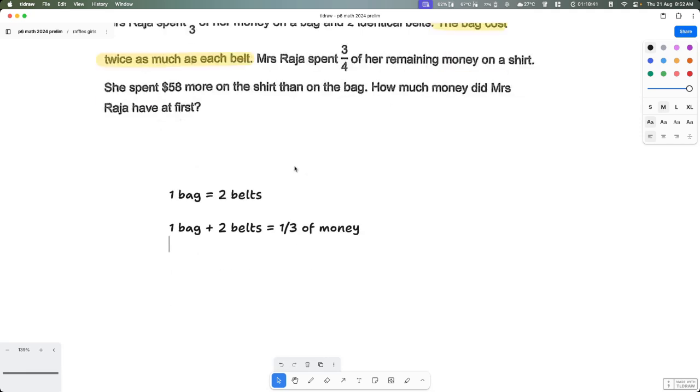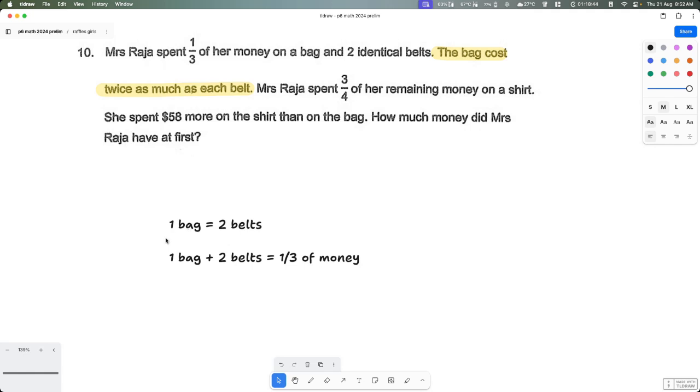So if we convert the one bag over here to two belts, she has four. So one third of money is essentially equal to two belts plus two belts, which is equal to four belts.